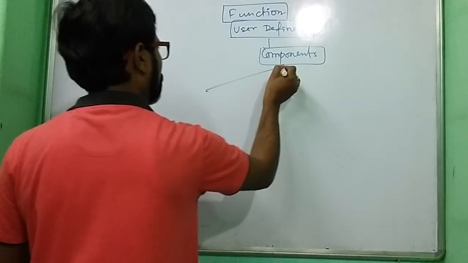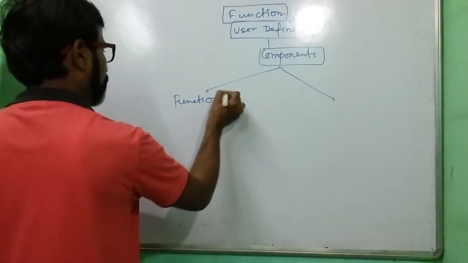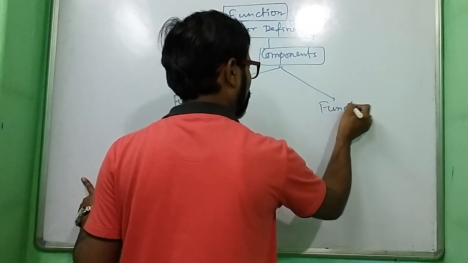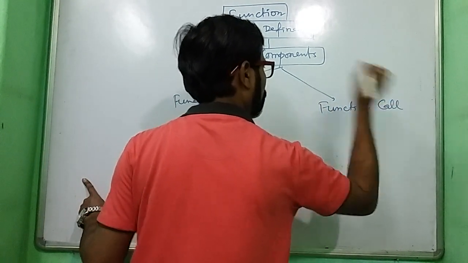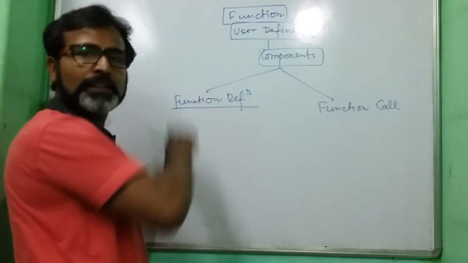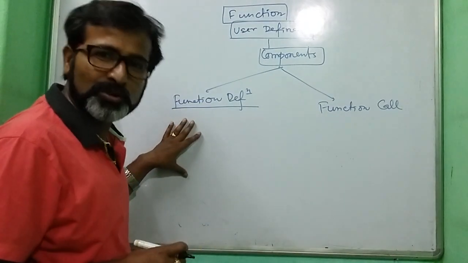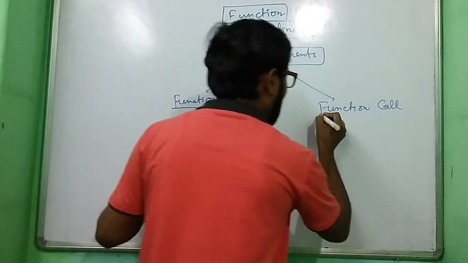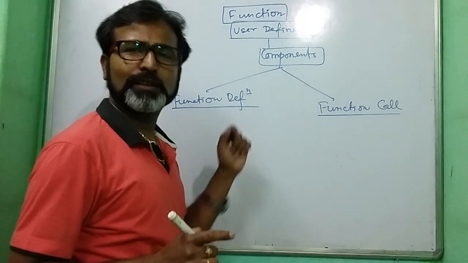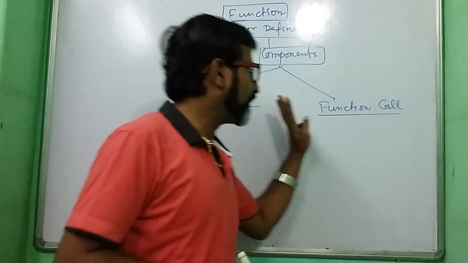One will be function definition, another one function call. One is the function definition or defining the function. If you call that function, what it will do exactly, that is the most important thing. And function call means like we called print, so that is the function call statement. Whenever I will use it, that is basically calling the function.